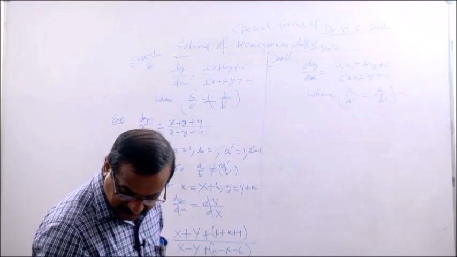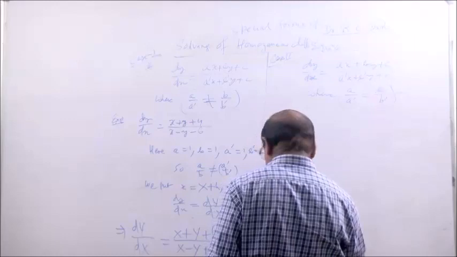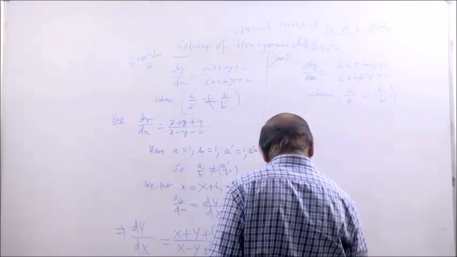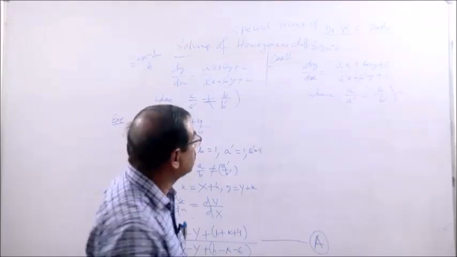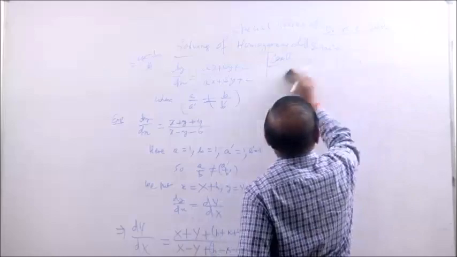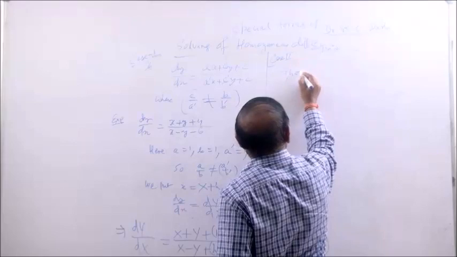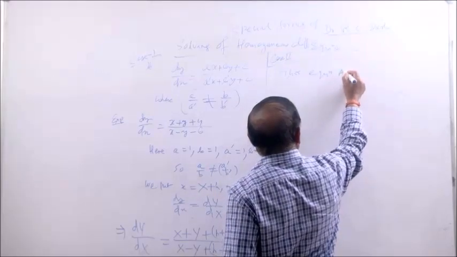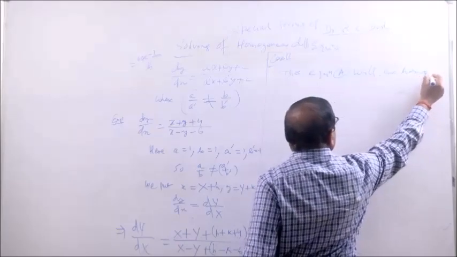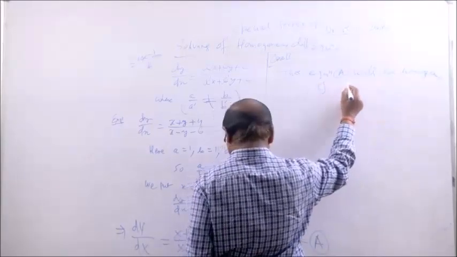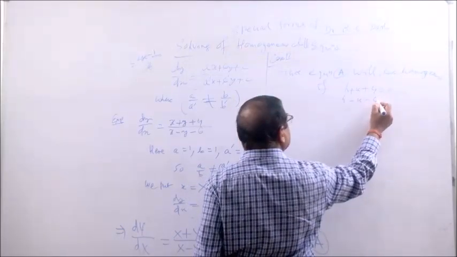Yes. So, this equation, I will take this as A. This equation A will be homogeneous if h plus k plus 4 is equal to 0 and h minus k minus 6 is 0.